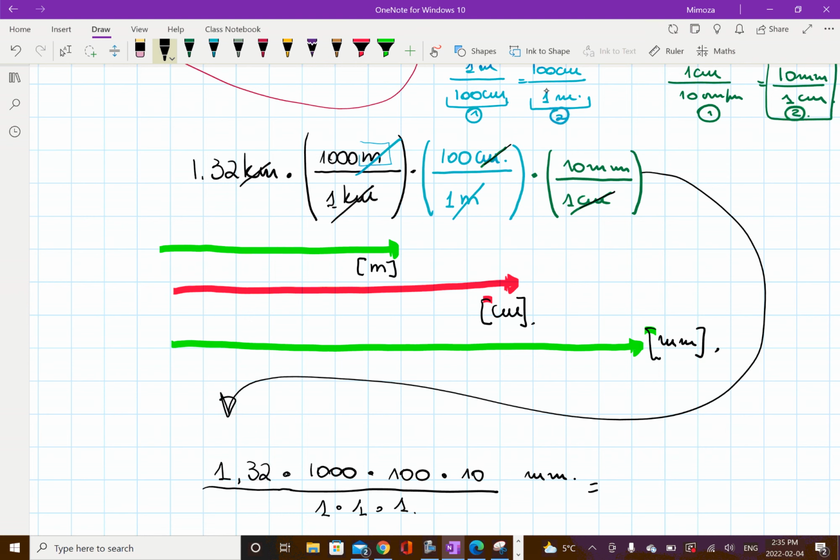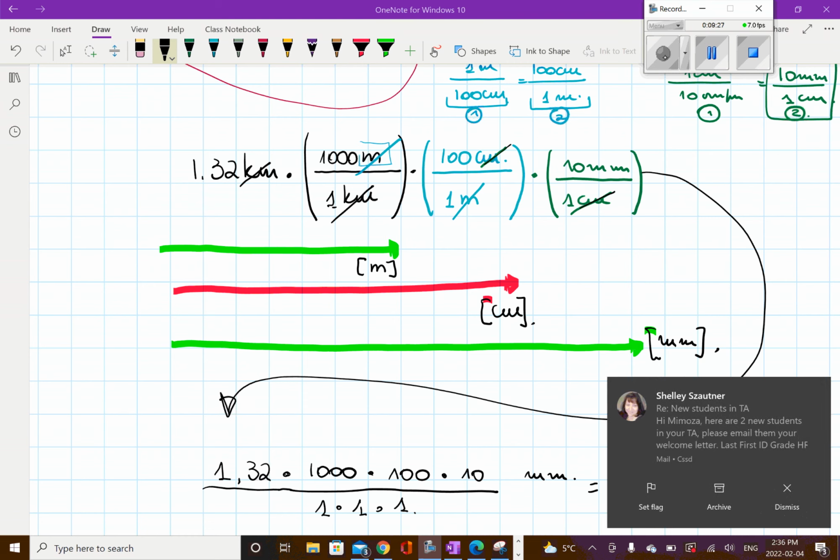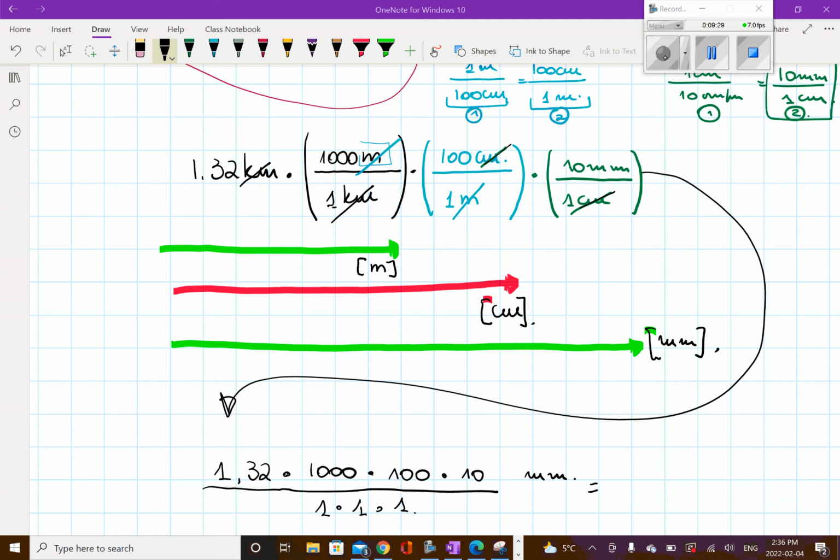And as you enter this in your calculator, you will find 1, 3, 2, 1, 2, 3, 4 millimeters.